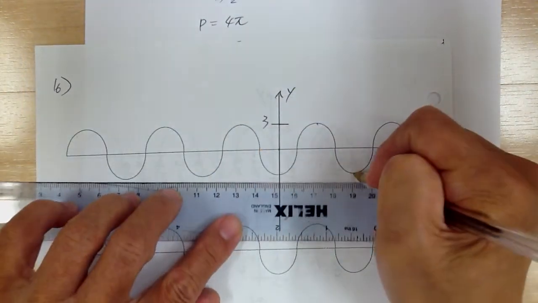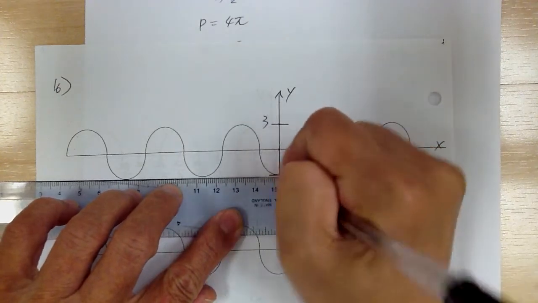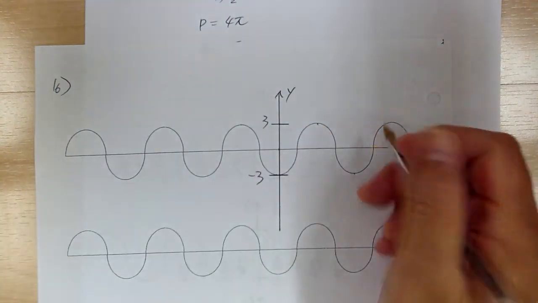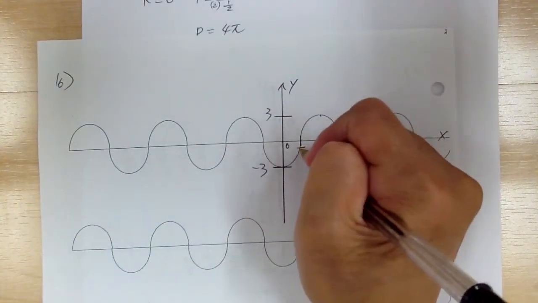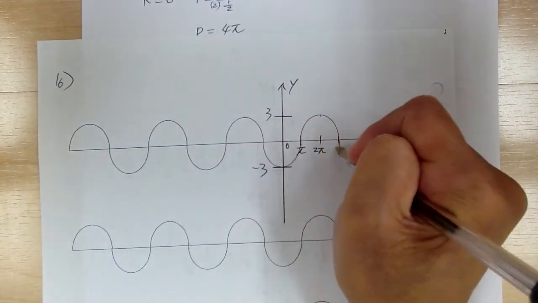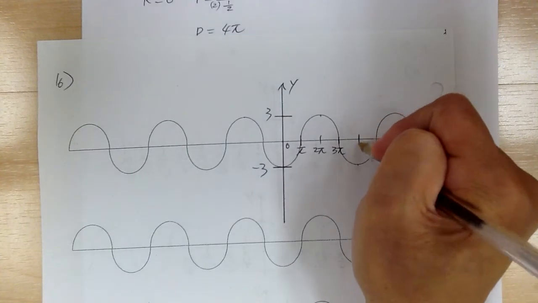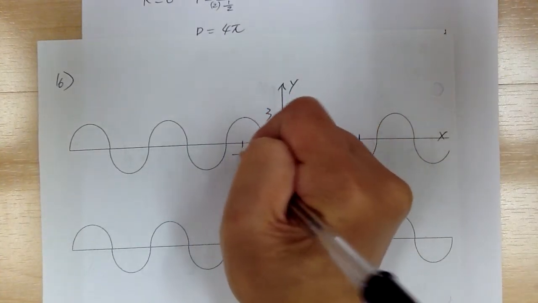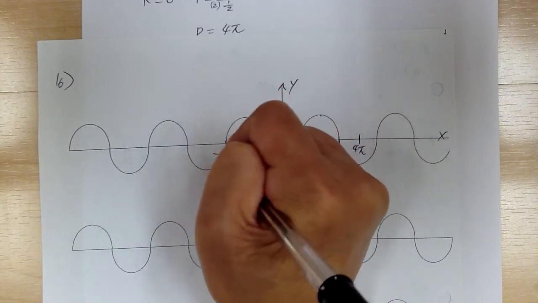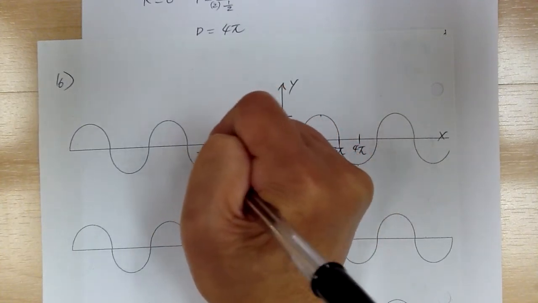So that's 3, negative 3. So you could start with 0. So q is pi. So get pi, 2 pi, 3 pi, and 4 pi. And you go negative, so you got negative pi, negative 2 pi, negative 3 pi, negative 4 pi.